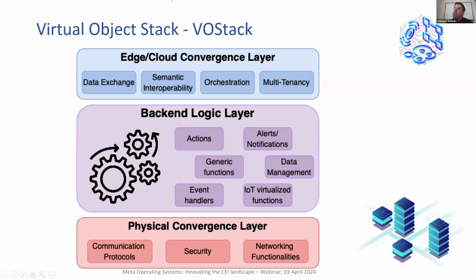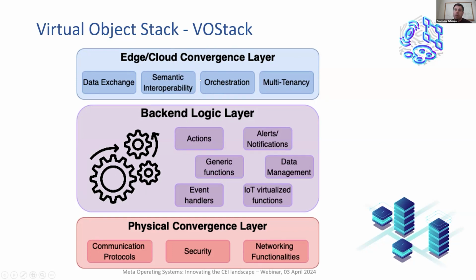So an application developer that has modeled an application managing data through a specific model can use the VO stack independently of the model with which this stack communicates with the EUCloud devices. This is one great challenge that we work on. And we also work a lot on orchestration.